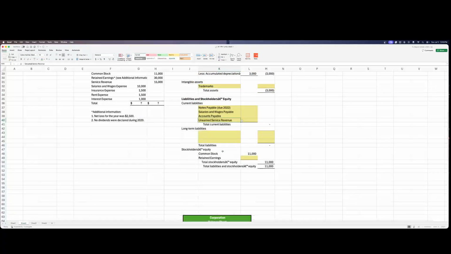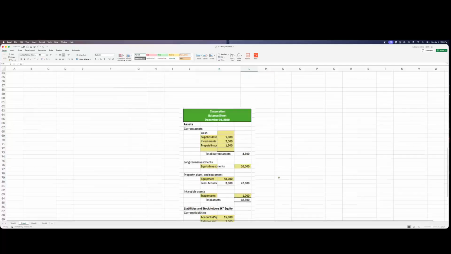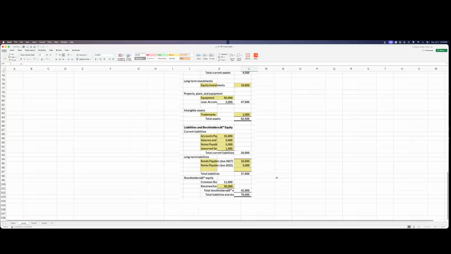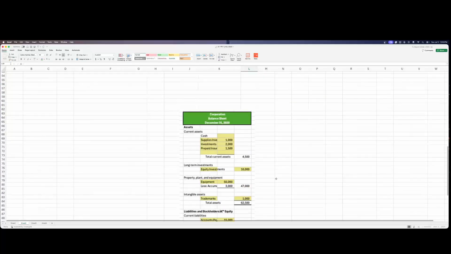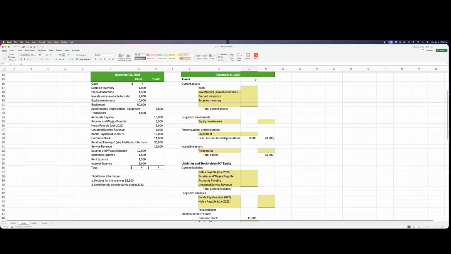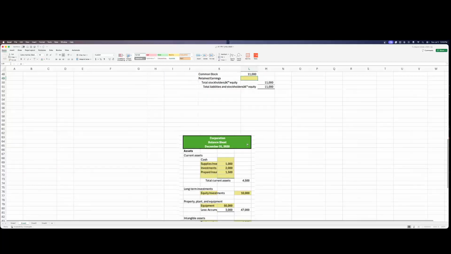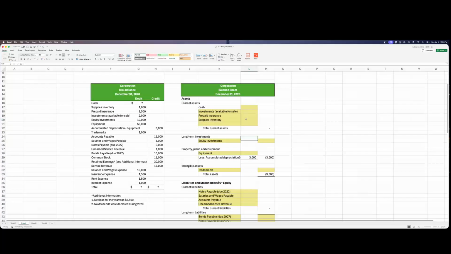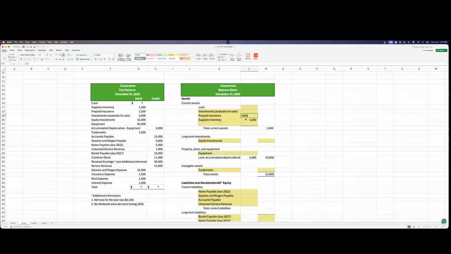I'm going to have to look and see what the service revenue is. Long-term bonds payable. I suppose notes payable. So we have to take a closer look at some of these accounts to see why they're certain numbers.